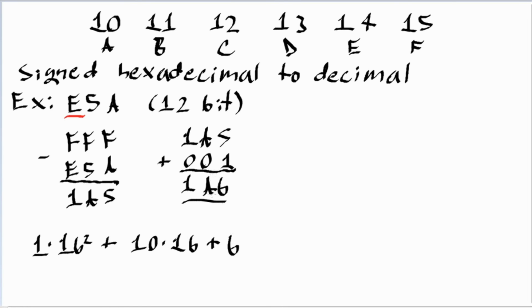These are just the digits here times powers of 16. So this is equal to 256 plus 160 plus 6, which is equal to 422.